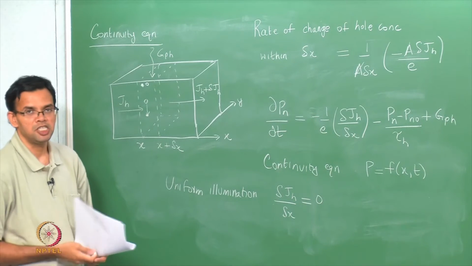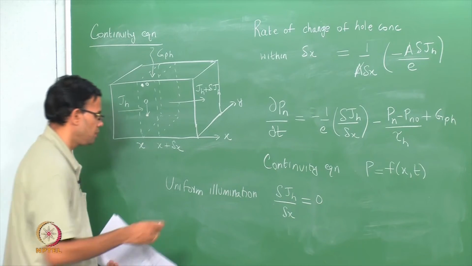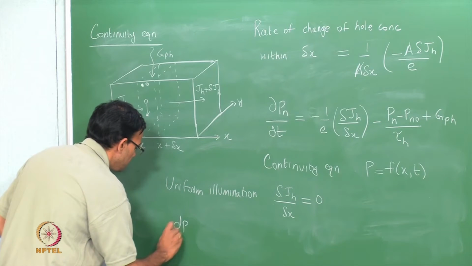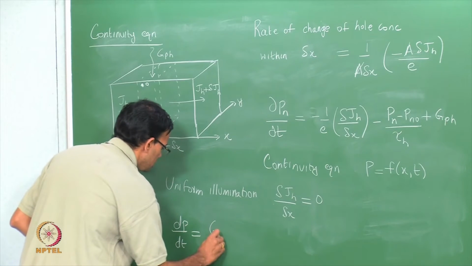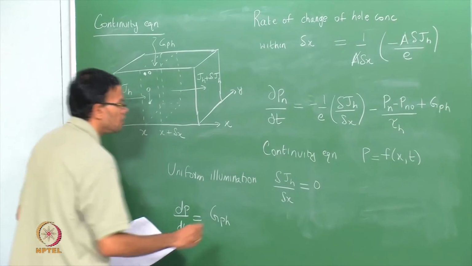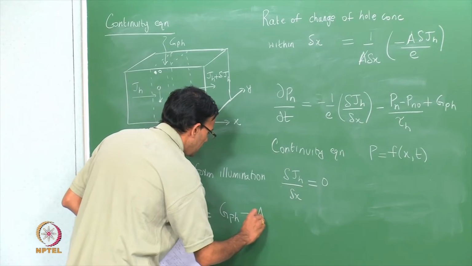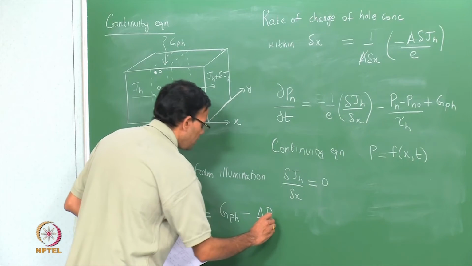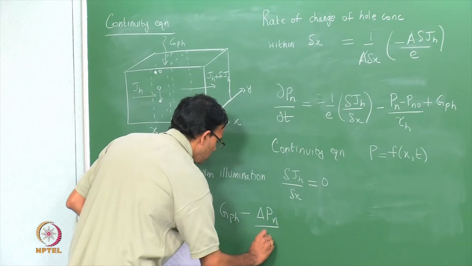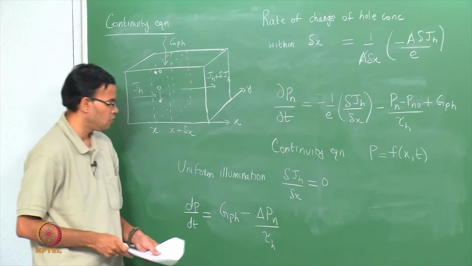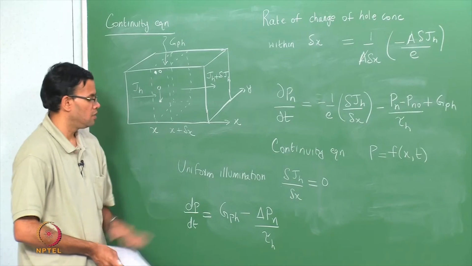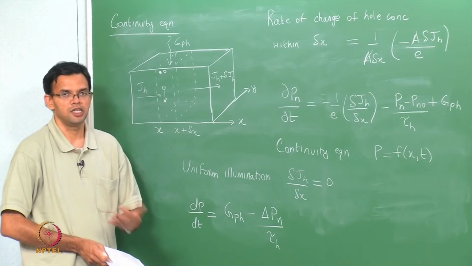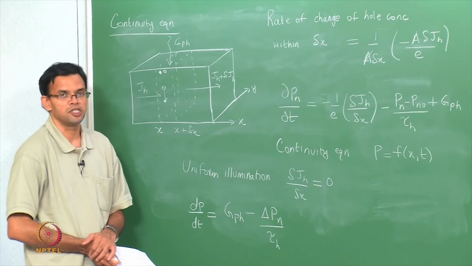So, P will only change as a function of time, so that you have dP/dt is Gph minus ΔP over tau h. So, we get back the original equation that we wrote. So, uniform illumination is then just a specific case of the generalized continuity equation.